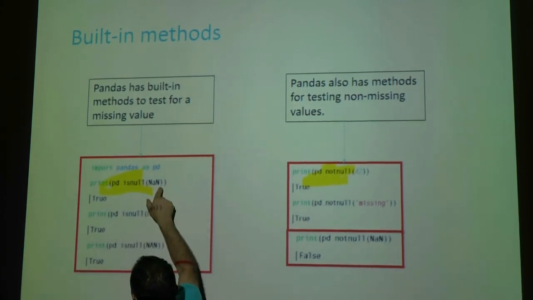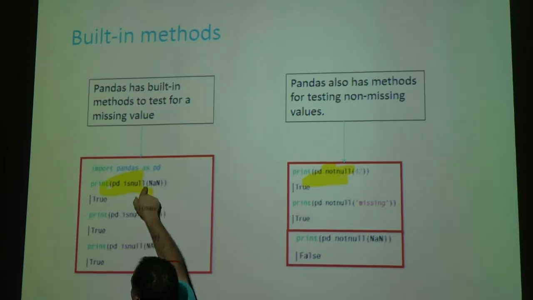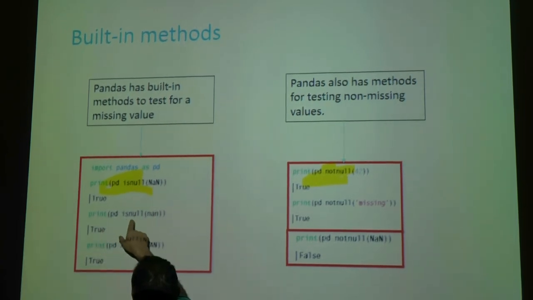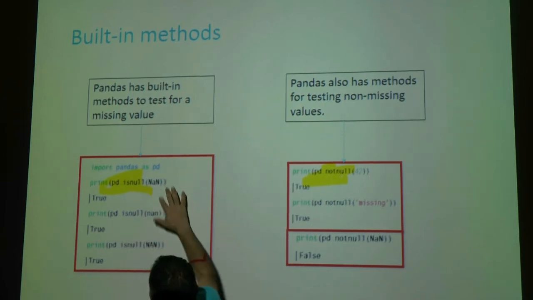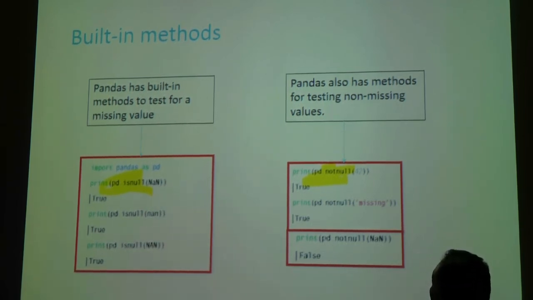Okay, so that's how to check if the value equals NaN with the function isnull. isnull of NaN is True, NaN with capitals True. So there are three values representing the none or empty data.